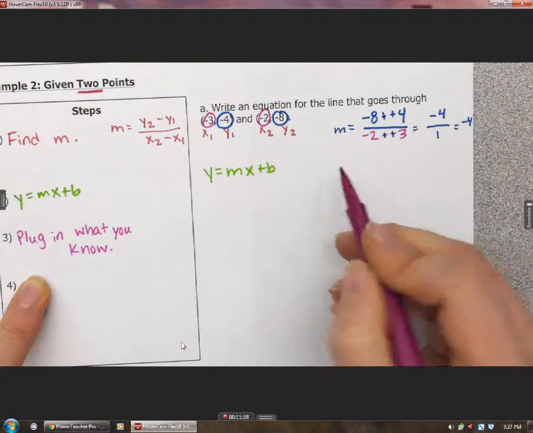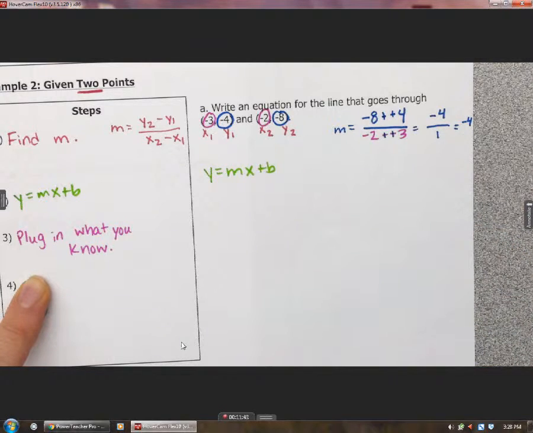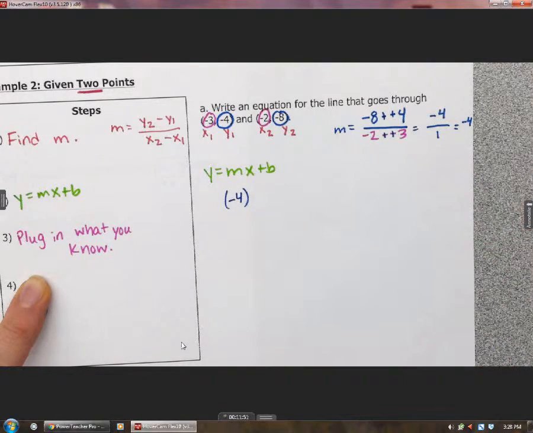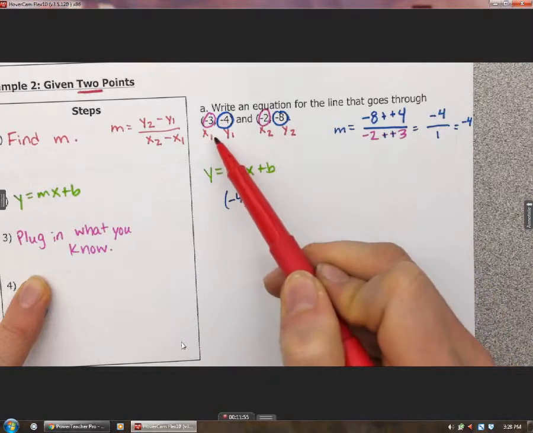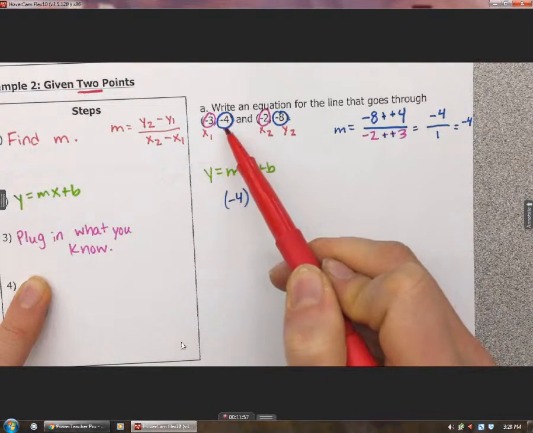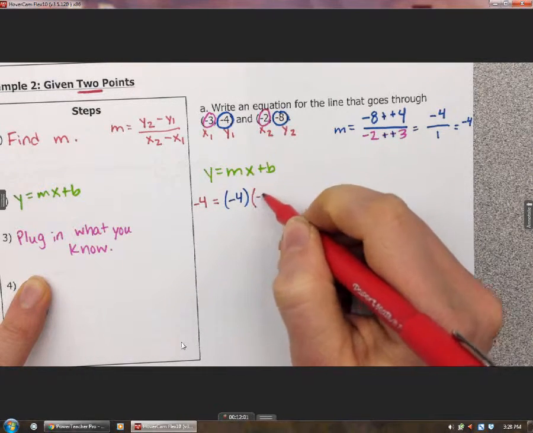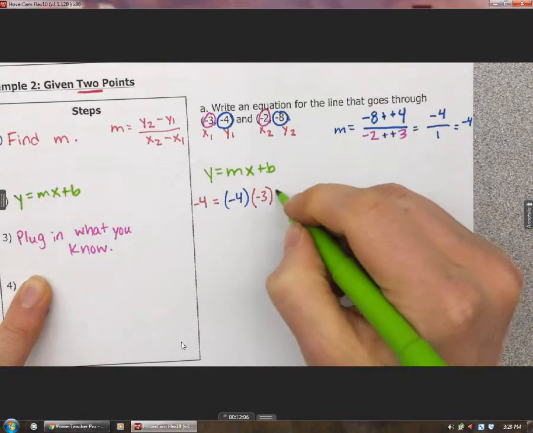We know the m is negative 4. You can use either point, it doesn't matter. Just make sure that you're using the x and the y from the same point. So I'll just do this one. Negative 4 is my y. X is negative 3. We don't know what b is.